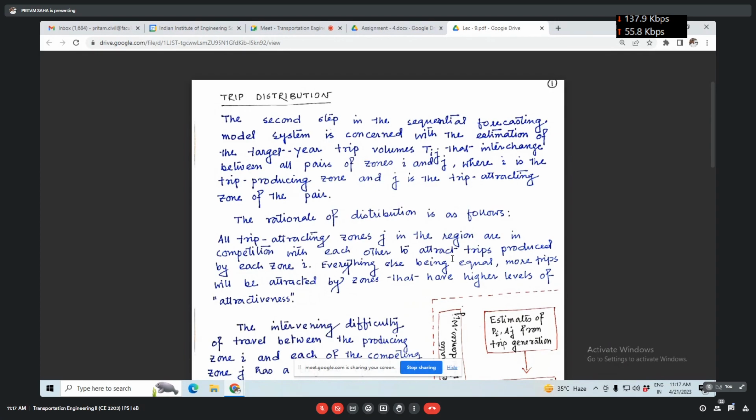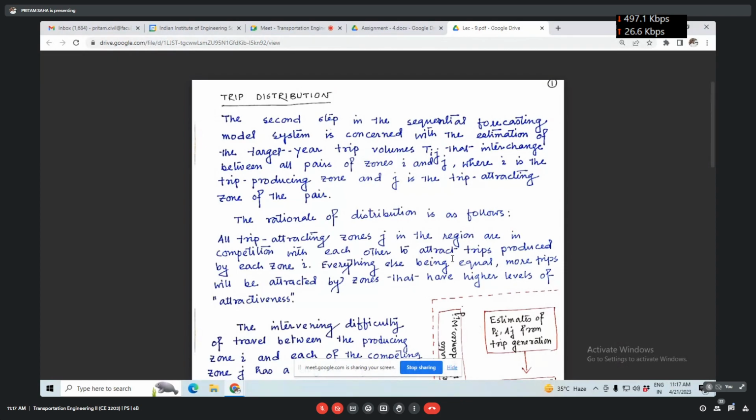Okay. So trip making possibility between two zones I and J would depend on the attractiveness of that area where you would like to make the trip. Suppose South City Mall and Avani Mall, you will compare where you are going to get better facility and where exactly you are going to get the things which you would like to purchase, right? So attractiveness of that area will play an important role.